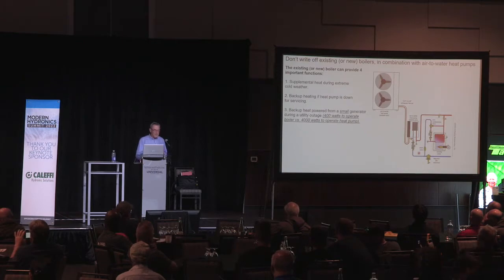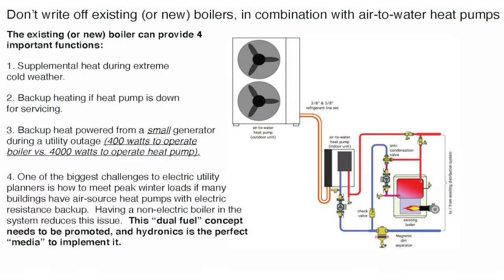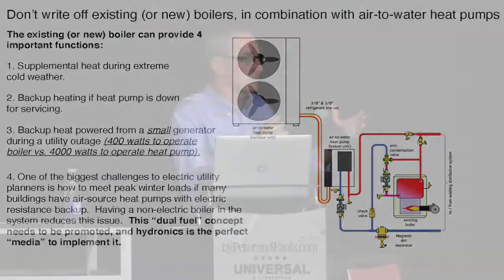Now, this is one to think about. Backup heat powered from a small generator. I could run an oil burner on a cast iron boiler on about 400 watts from a little Honda-type generator, all right? If I have a heat pump or if I have electric resistance heat, I need a much larger generator. So this goes back to that word I used this morning, resiliency.